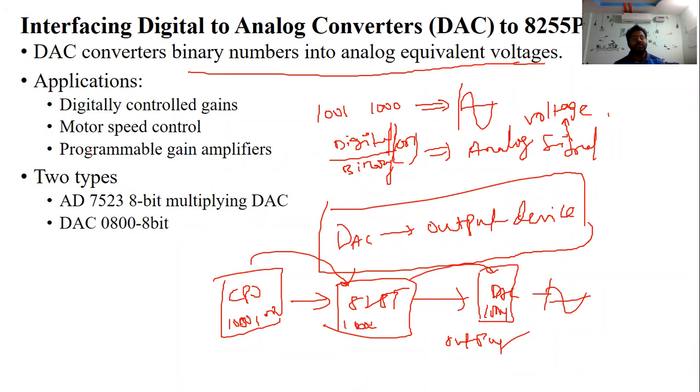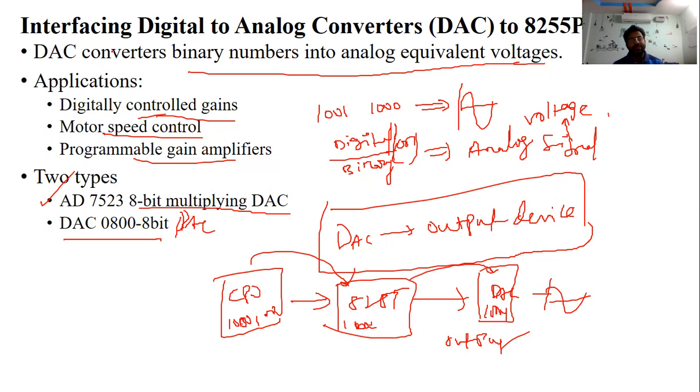Some applications: motor speed control, programmable gain amplifiers, and control gains are used here. Then again we have two types: AD7523, an 8-bit multiplying DAC, and DAC0800, an 8-bit DAC. We are going to discuss these two types. So what is this DAC?